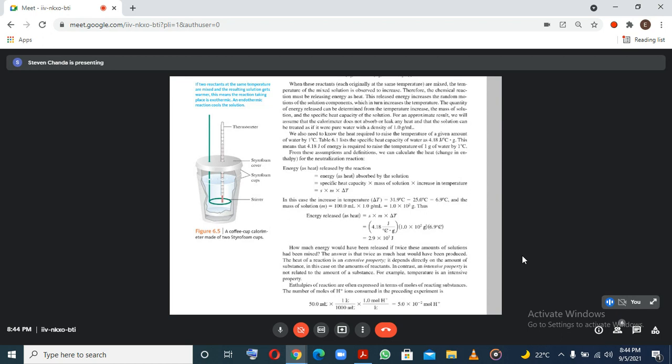For these questions you have to know the specific heat capacity of the solution in which the reaction is in, because if you are using something that has a different specific heat capacity, you can get pretty wrong answers. So you always want to know it and standardize it.